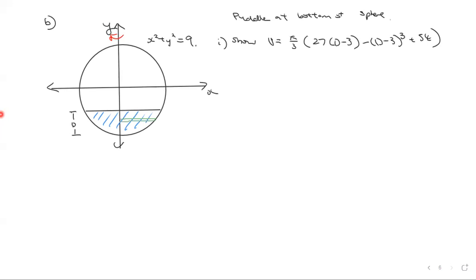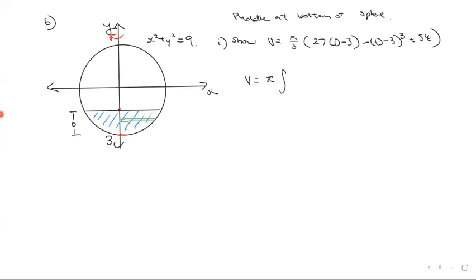And so we're trying to work out the integral. The volume will generally be pi times the integral. You want to work out the lowest y value to the highest y value. Because it's x squared plus y squared equals 9, the top would be 3.